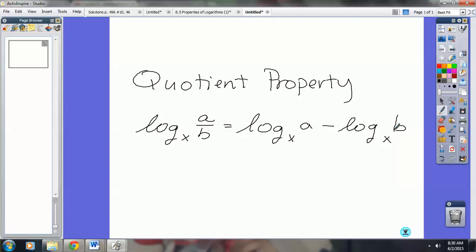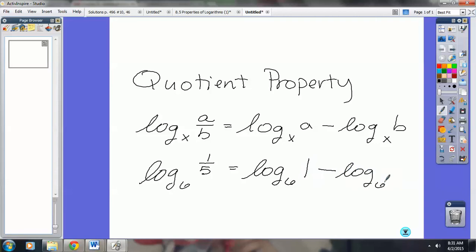If you divide variables, you subtract the exponents, don't you? So that'll hopefully help you remember. Now for an example, let's make up one. Log base 6 of 1/5. So if we write that out in expanded form, it's going to be log base 6 of 1 minus log base 6 of 5. That's the quotient property.